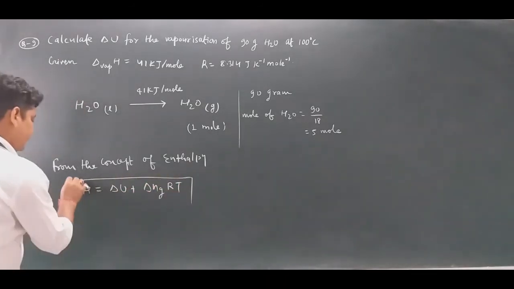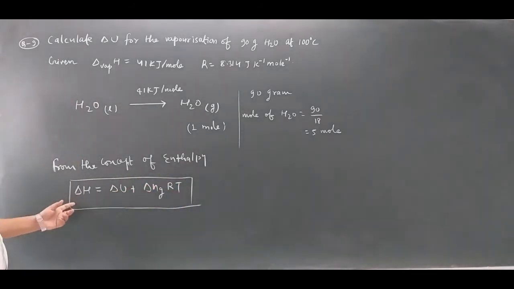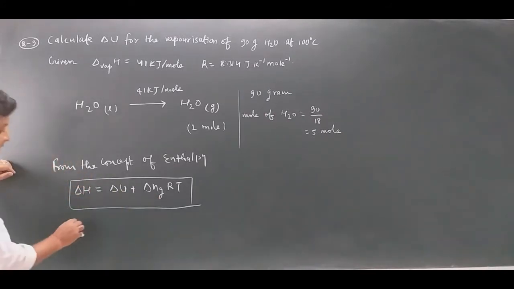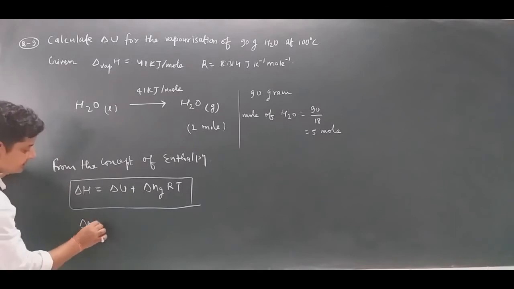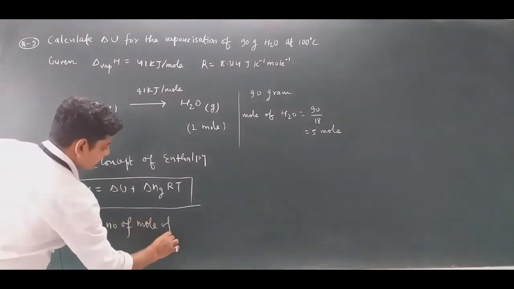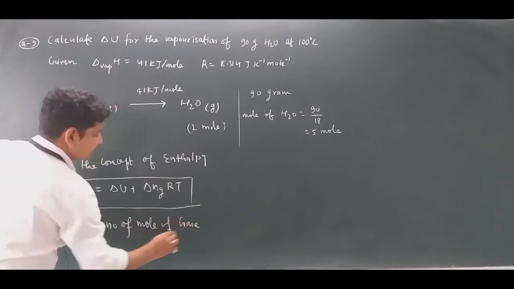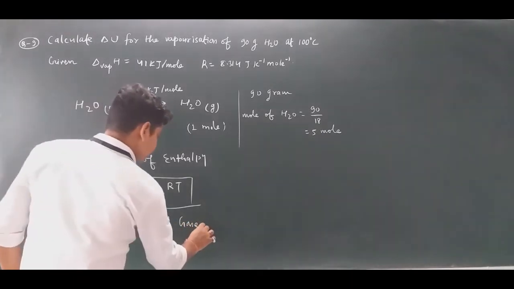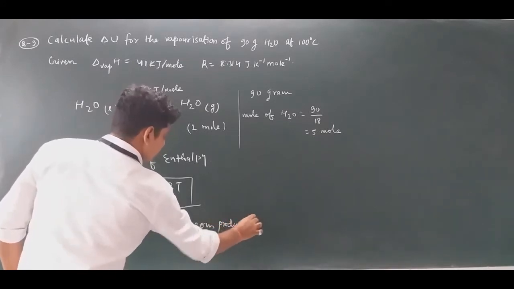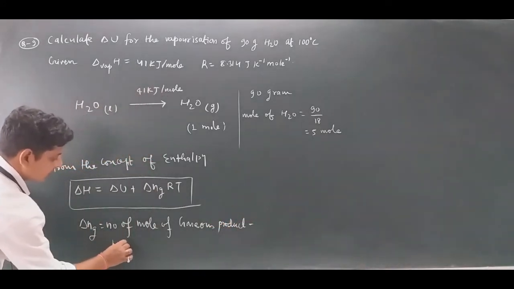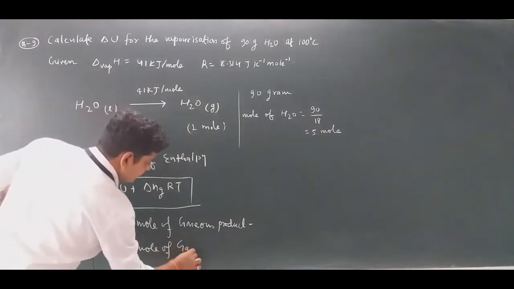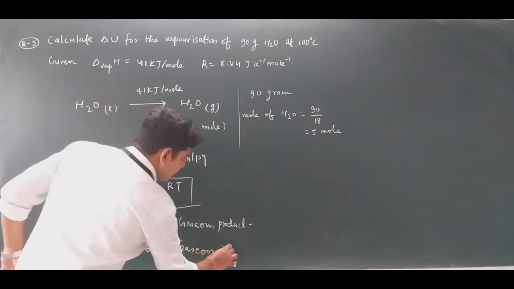See here, this delta H is enthalpy change, this is internal energy change, and delta Ng, we have to remember here, delta Ng is the number of moles of gaseous product minus the number of moles of gaseous reactant.